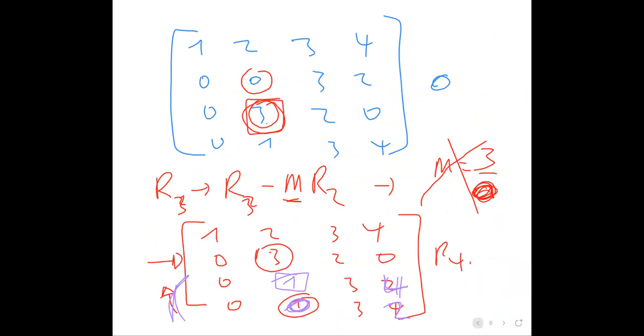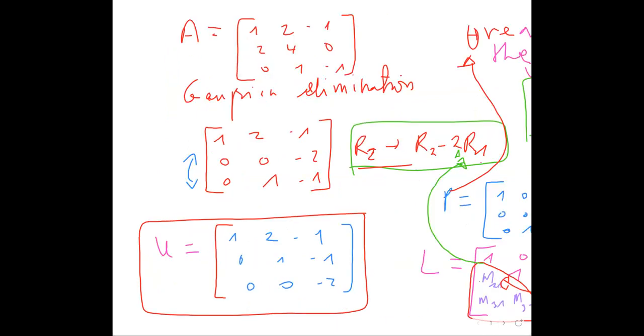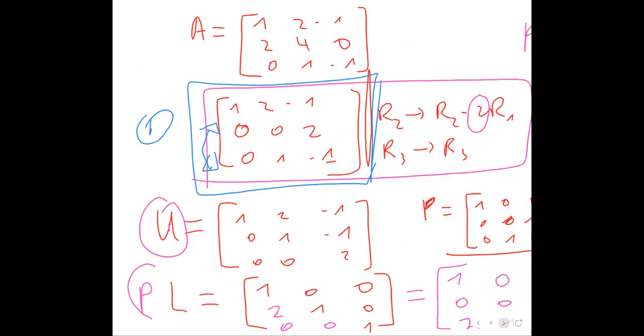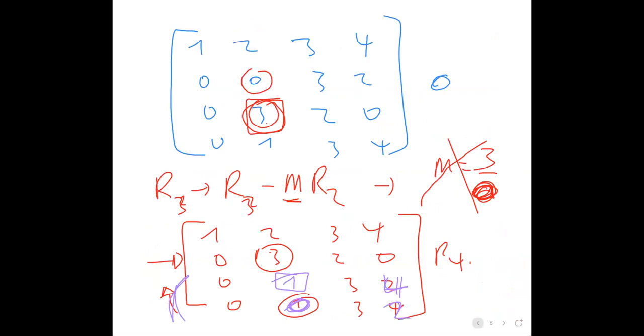So here, let's call the first permutation matrix we have used in this case, for instance, sorry. Okay, so here we have used a permutation matrix that has exchanged row 2 and row 3, and then as well here, we have done a row 3 and a row 4 exchange.